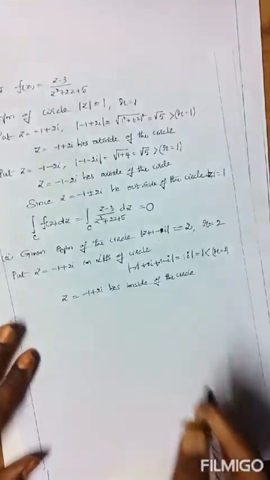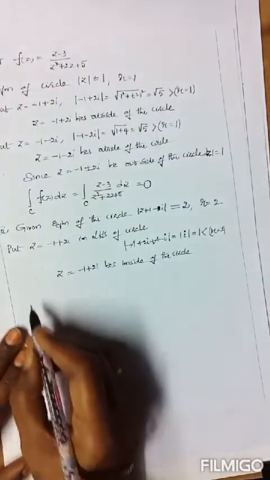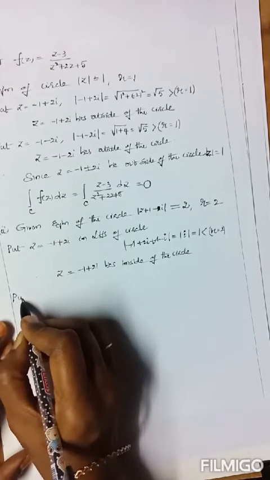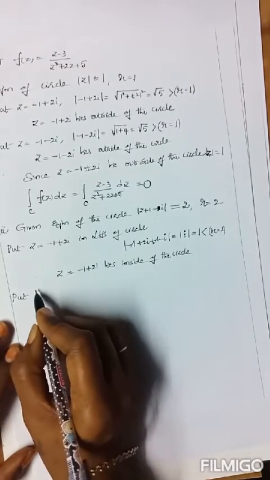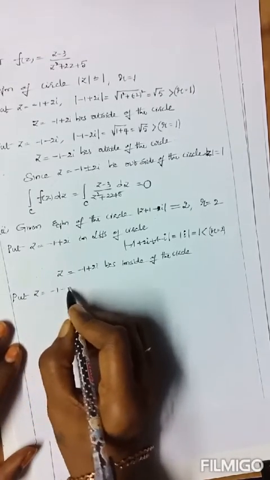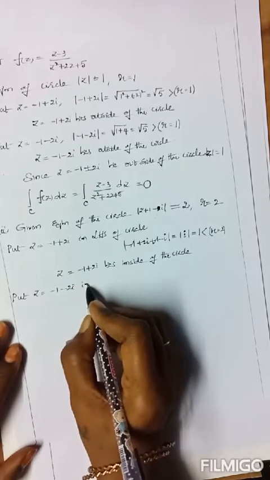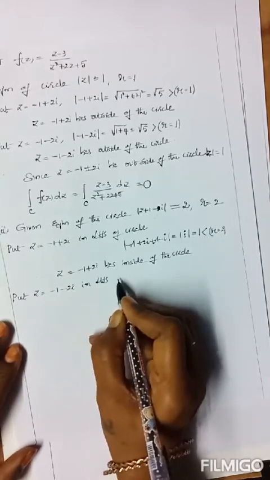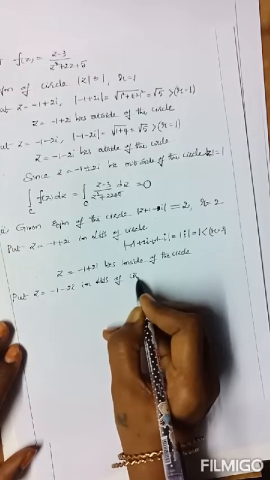Using this you can clear the integral value. The second point also we have to check whether it lies inside of the circle or not. Minus 1 minus 2i in the LHS of the circle.